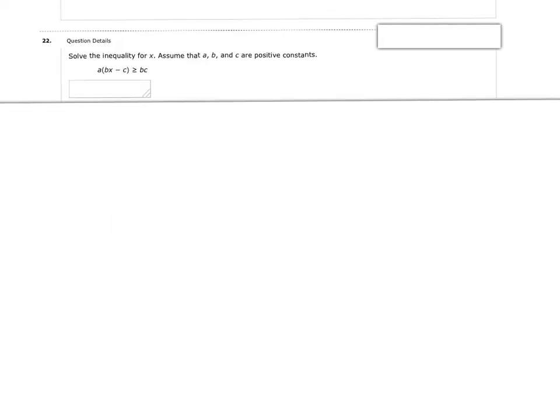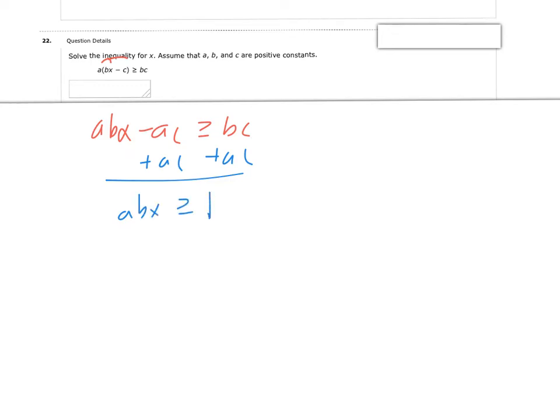All right, this one we're just trying to isolate x. I would just use all of the same rules I usually do. I would just go ahead and distribute this. ABX minus AC is greater than or equal to BC. And then I would add the AC over. ABX is greater than or equal to AC plus BC in whatever order you want.